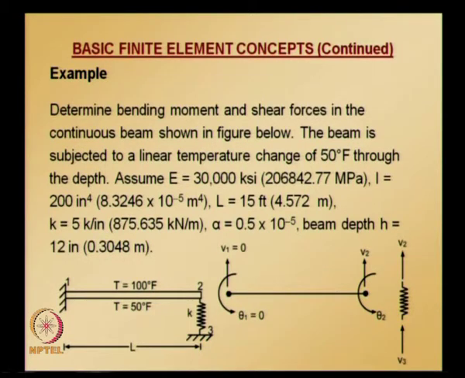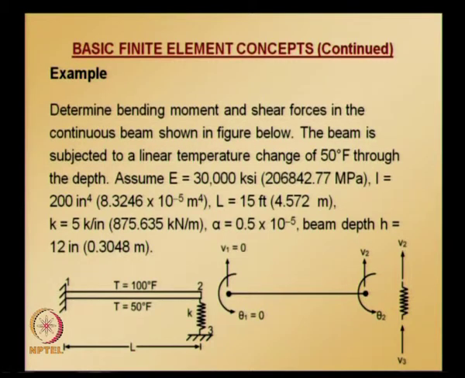The node numbers are shown in the figure: 1, 2, 3. The beam element comprises nodes 1 and 2, and the spring element comprises nodes 3 and 2. You can notice that node 1 and node 3 are constrained.